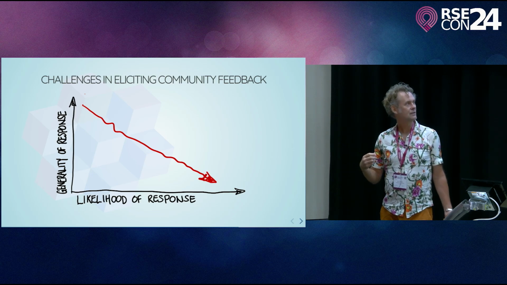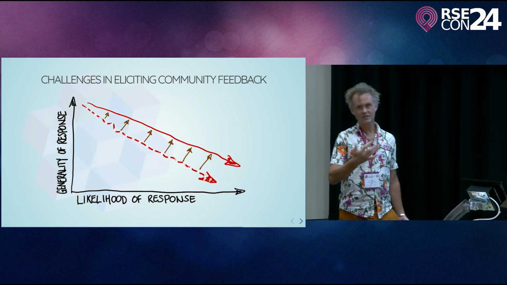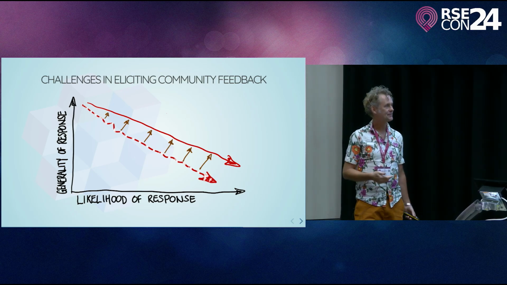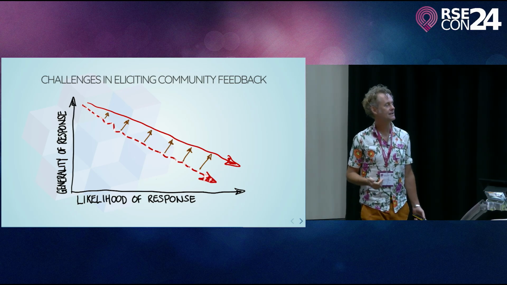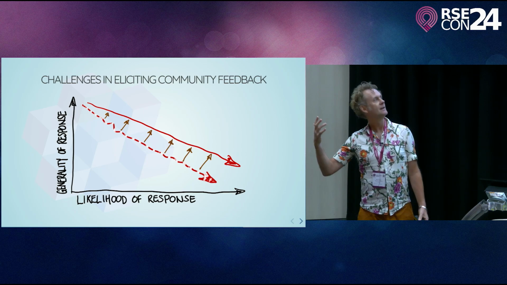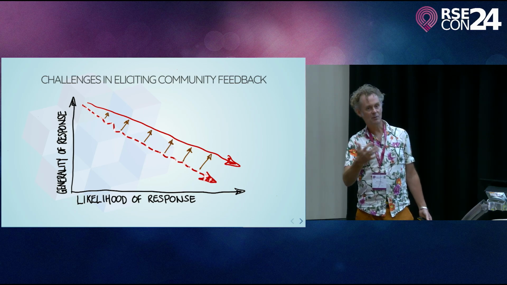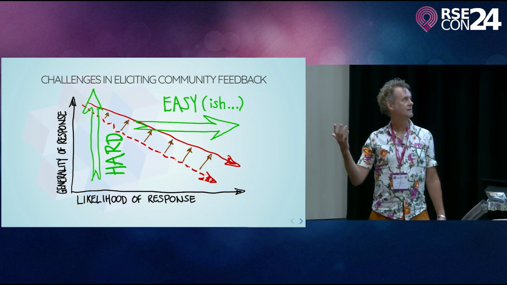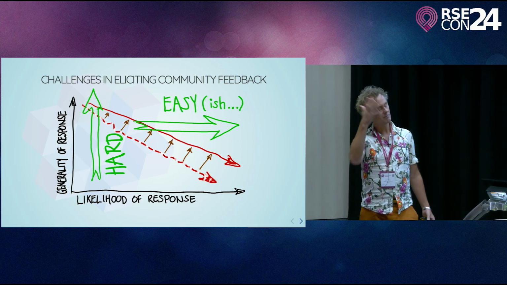But what we needed to do was to figure out a way to change the slope of that relationship, to remove this strongly negative relationship, and so either make more general responses equally likely, or to make... I've forgotten.